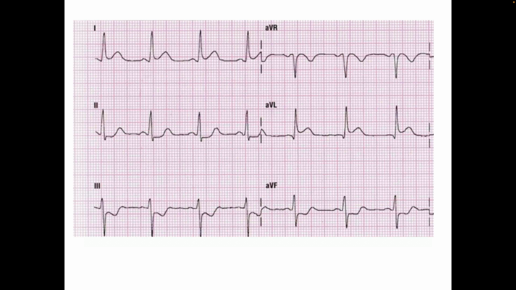Say you had elevation in 1 and aVL, are you looking for reciprocal changes in all the other leads, or are you just fine with just one reciprocal change? When you say all the other leads, you mean like the inferior leads? Let's just say you only have reciprocal changes in lead 2 or lead 3. You're really looking, one will do it, but what you're going to find is it happens in certain patterns.